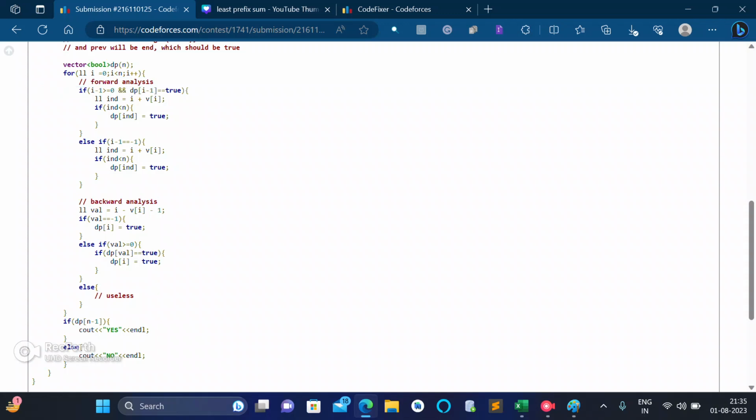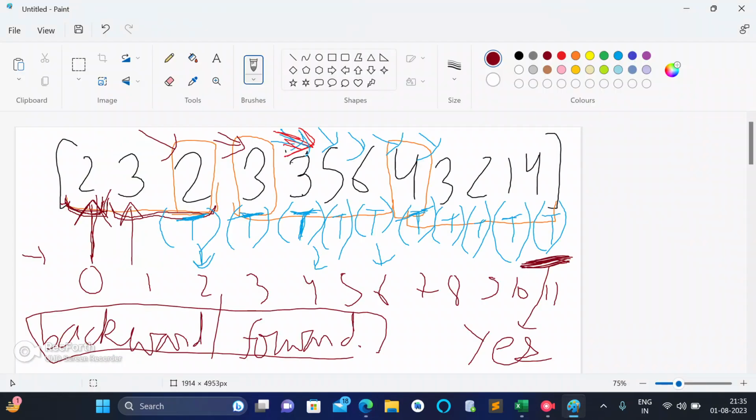I have done two analyses, first the forward analysis, then the backward analysis. In the forward analysis, there is one more thing. Suppose I am currently standing here and there are 4 elements after it.